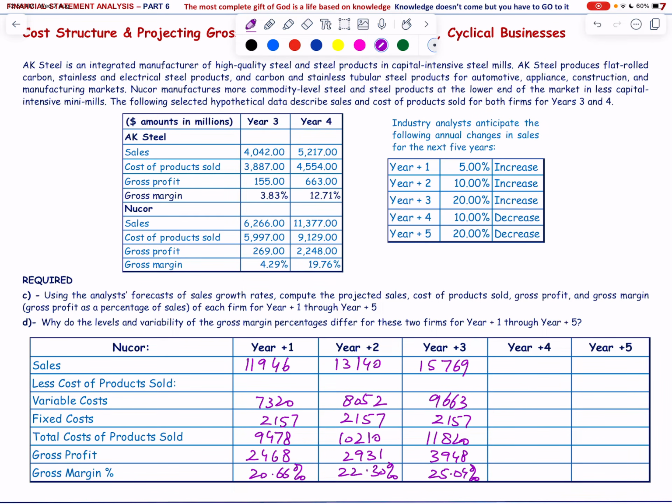For year 4, it will be 14,192, 8697, 2157, 10,854, 3338, and this will be 23.52%. For year number 5, 11,353, 6957, 2157, 9114, 2239, and 19.72%.